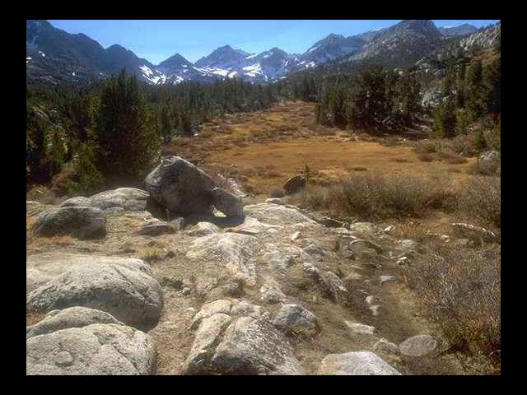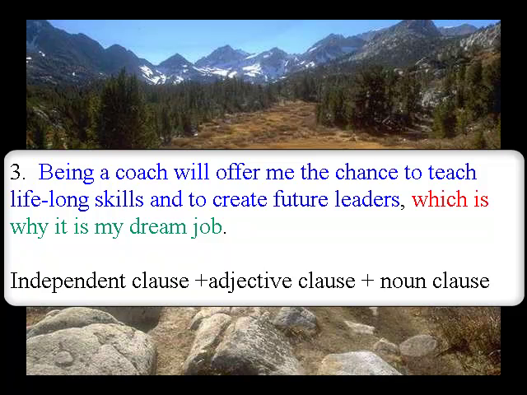Number 3, let's use what's called the independent clause, and then let's use an adjective clause, and then we use a noun clause. Here it is. Being a coach will offer me the chance to teach lifelong skills and to create future leaders, which is why it is my dream job.